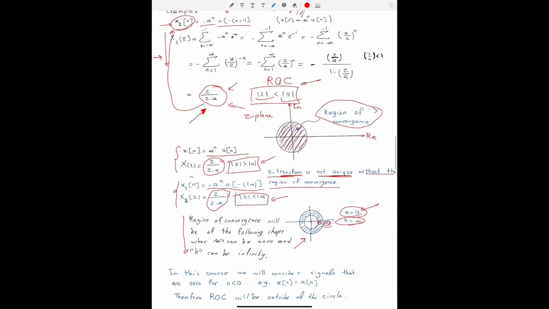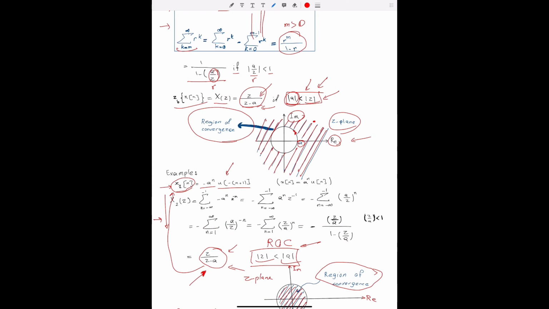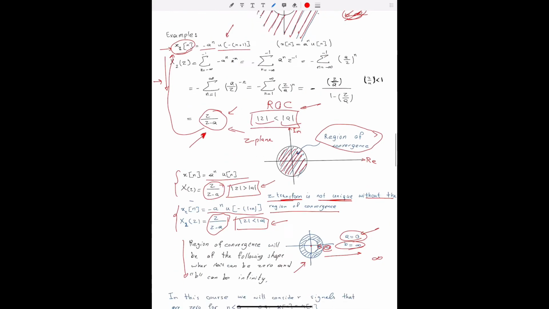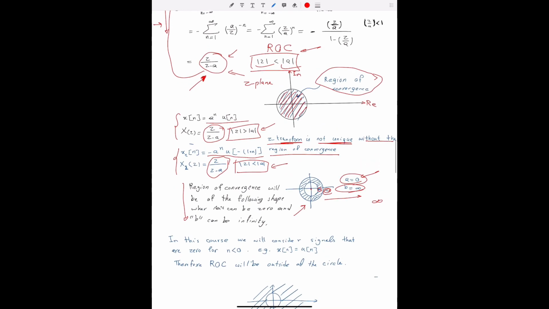And the radius of B could go until infinity, so it could cover everything outside of the circle. So for example, the radius of A here is A, and the radius of B here is infinity, right? But in this case the radius of A is 0 and the radius of B is whatever this value is.